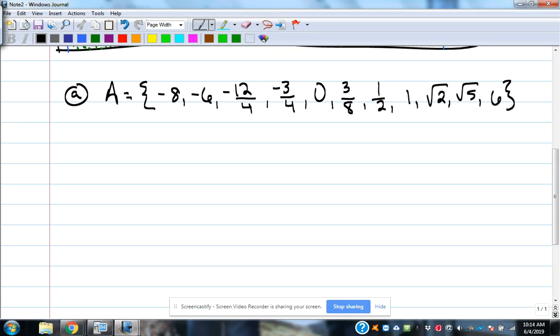And what we're going to do is get the subsets that fit the different kinds of numbers, okay? So we're going to list the subsets. We'll start with one that we've already worked with a little bit, the natural numbers.